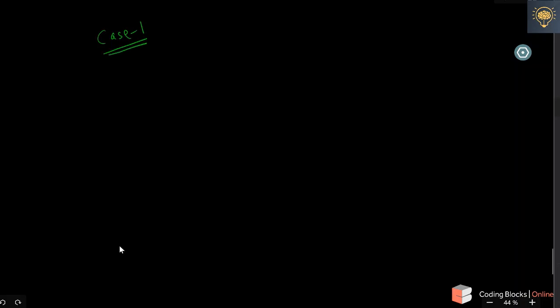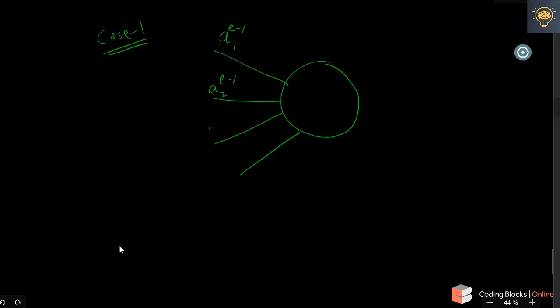In case 1, you have, let's say, one neuron in the output layer. It is getting some activations from the last layer. It is getting an activation vector like this: a of L minus 1, 1, a of L minus 1, 2, and so on.